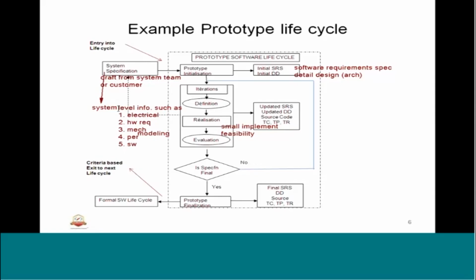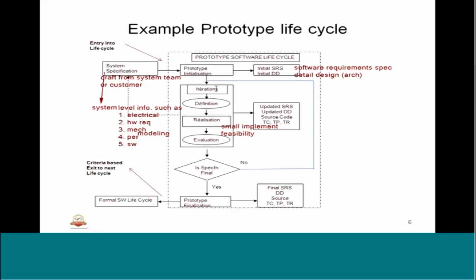Basically, in embedded software, we will take care of the software. Also, for doing the software, there is some feasibility that we need to raise, whether I can perform this software on the underneath system. Underneath the system will have electrical, hardware requirements and all that. So these are some of the system level information this will have, but we need only the software related things.